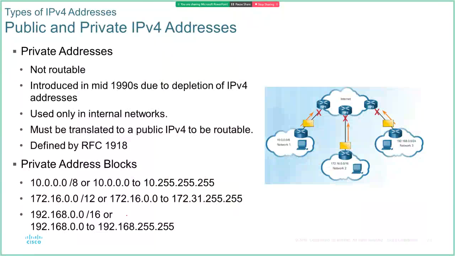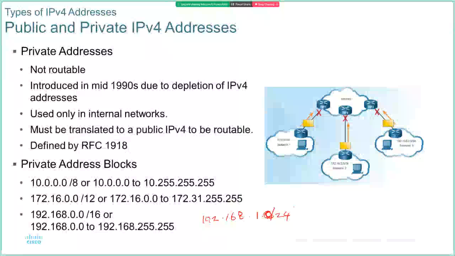The most common address that home devices use is 192.168.1.1/24, so our 1.0 network. That's the most commonly used network address in the domestic market.